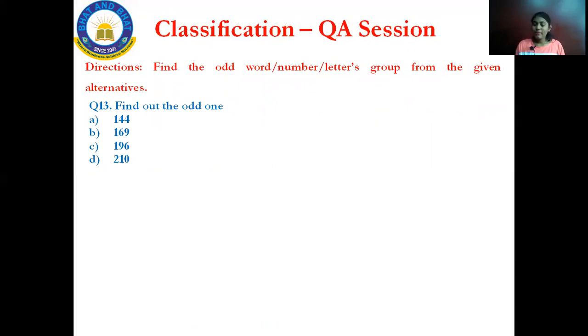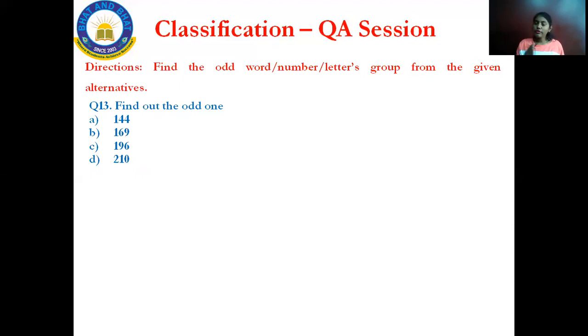A square is when you multiply a number twice: 2 into 2 is equal to 4. A cube is when you multiply the number thrice, that is 2 into 2 into 2.